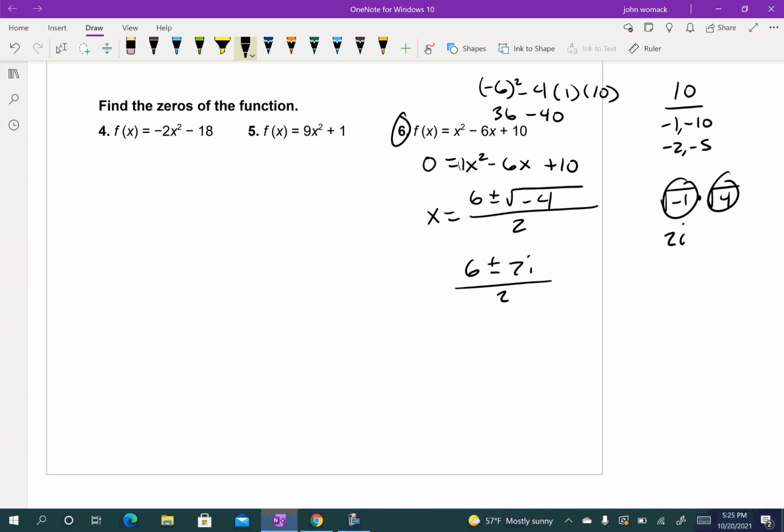You can factor a 2 out of the top: 3 plus or minus i over 2. You can reduce those 2s. So the two zeros, what I can plug in for x to make the function equal to 0, would be 3 plus i and 3 minus i. What that also means is there are no x-intercepts, because I got imaginary zeros.